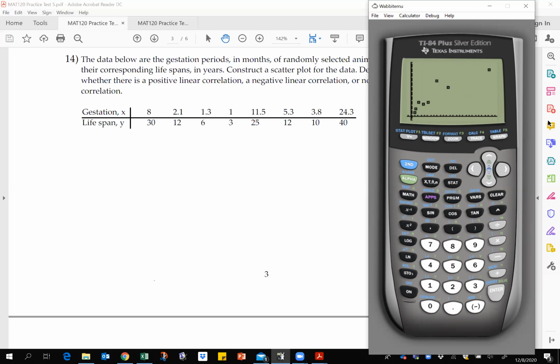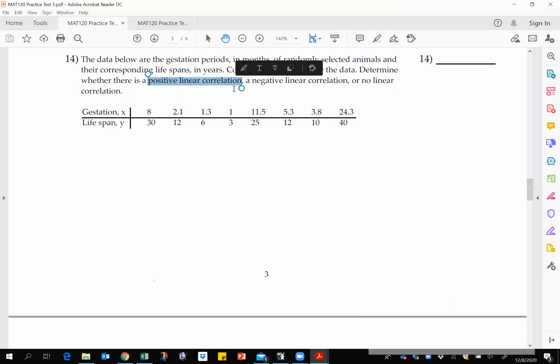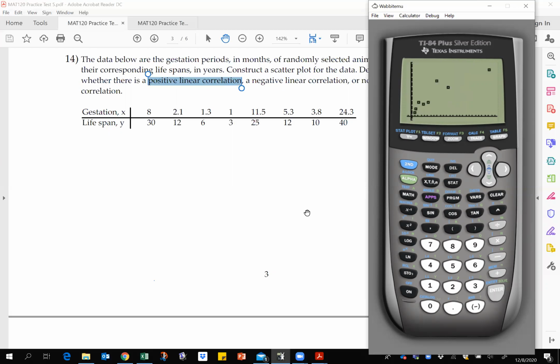What we can glance from this is that the data generally seems to be going up. As we go to the right, the data is moving up, so any potential line of best fit would be positively sloped. So we would describe these two variables as having a positive linear correlation.